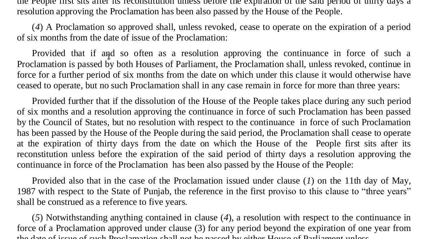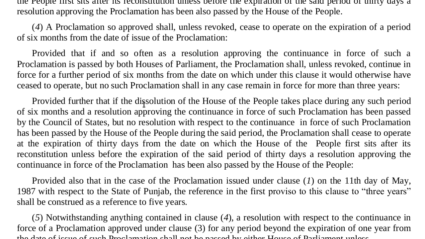Provided that if and so often as a resolution approving the continuance in force of such a proclamation is passed by both Houses of Parliament, the proclamation shall, unless revoked, continue in force for a further period of 6 months from the date on which, under this clause, it would otherwise have ceased to operate, but no such proclamation shall in any case remain in force for more than 3 years.